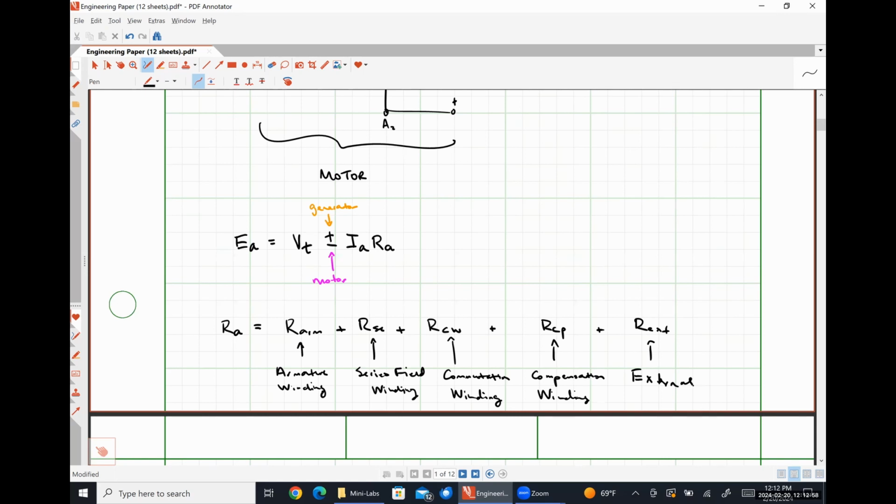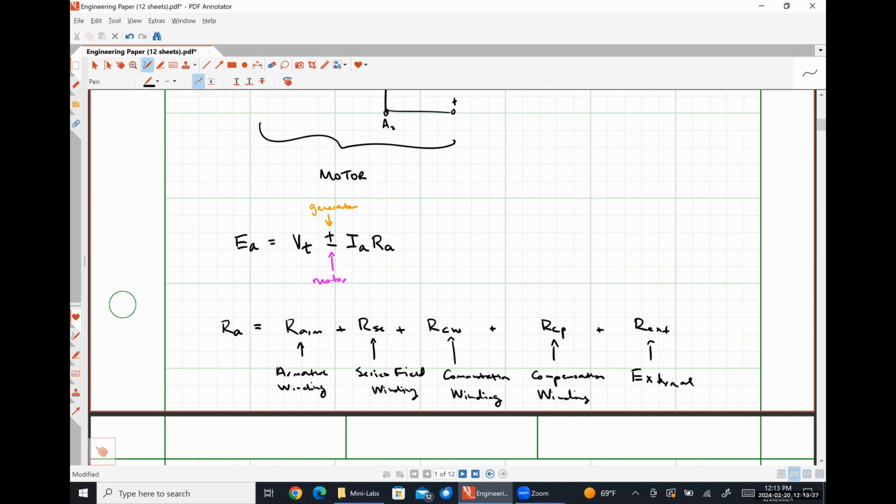The commutation winding is all about making sure that the trailing edge of the brushes don't cause any arcing or anything like that. Compensation winding forms a similar role, and then the external resistance is just for biasing. So we just lump all of that stuff together and call it RA.